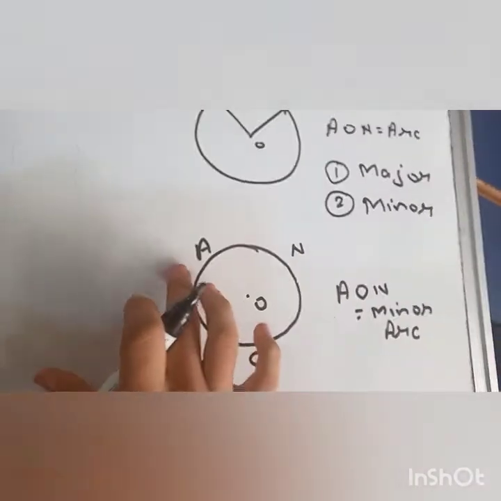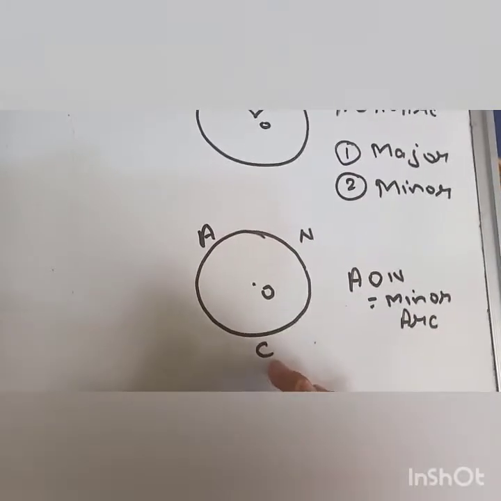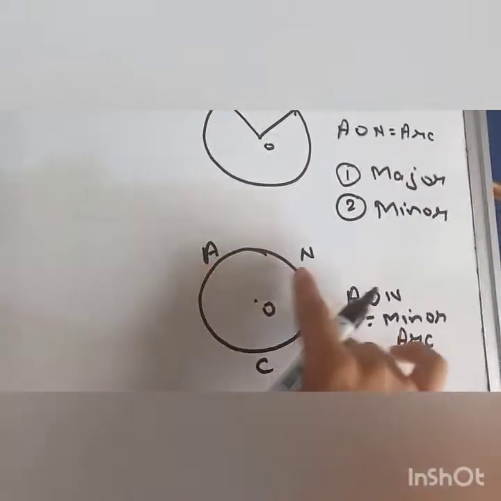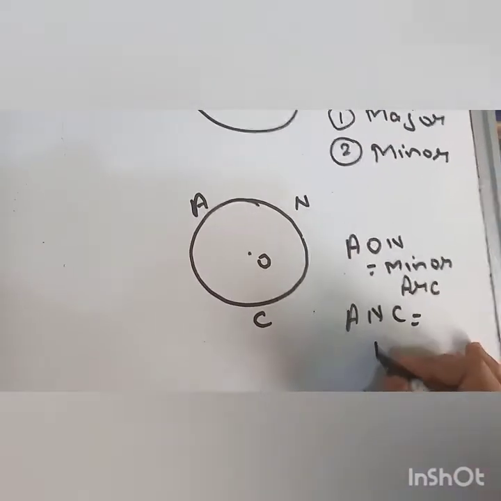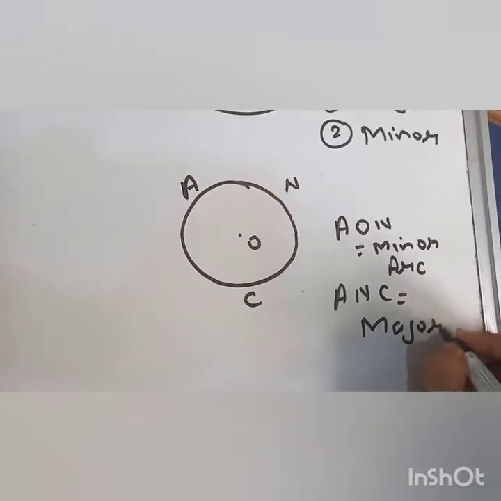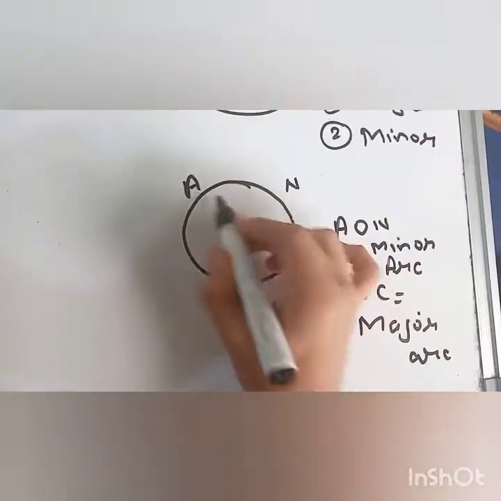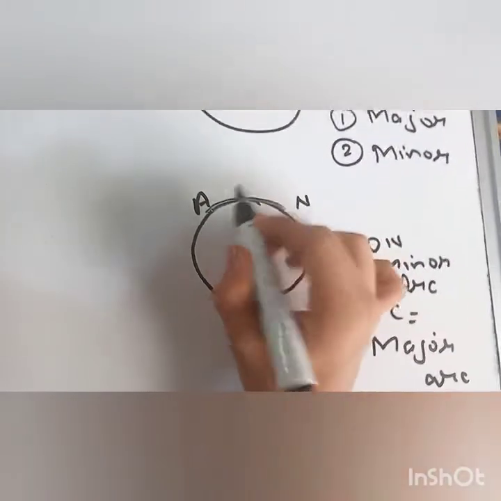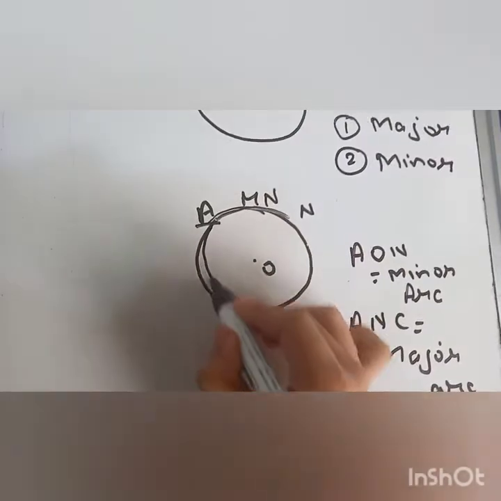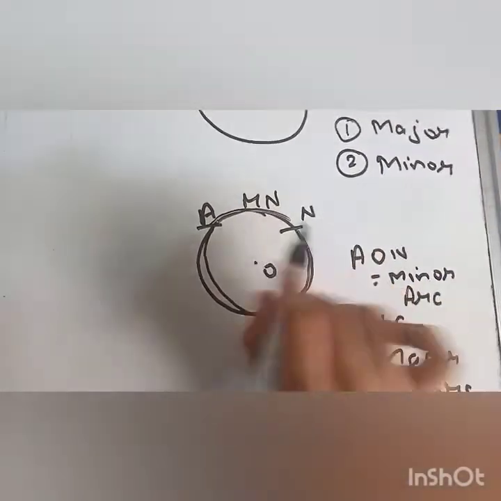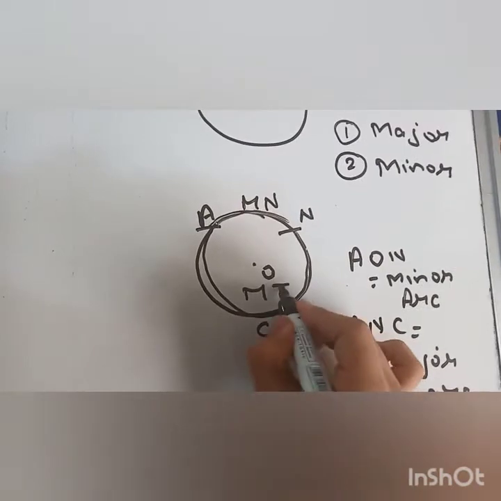And ANC, I repeat, ANC is equal to major arc. As you can see that this part is small, so we will take it minor, and this part from here is large, so we will take major arc.